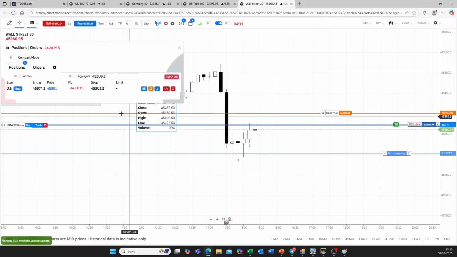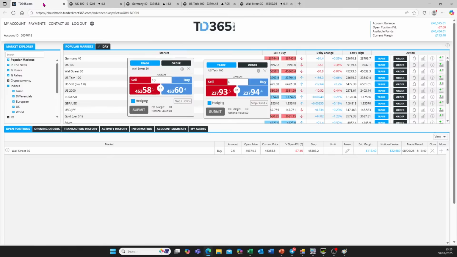And then the Dow with my stupid little position. It's not even half a size, because my ultimate size was 12 pounds a point, and now it's like, I don't even know how to explain, it's like a teaser position.